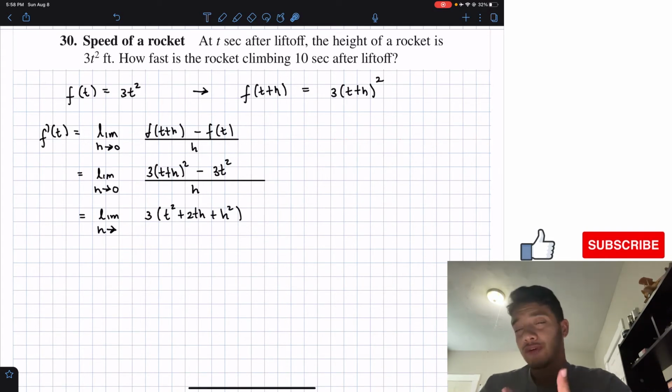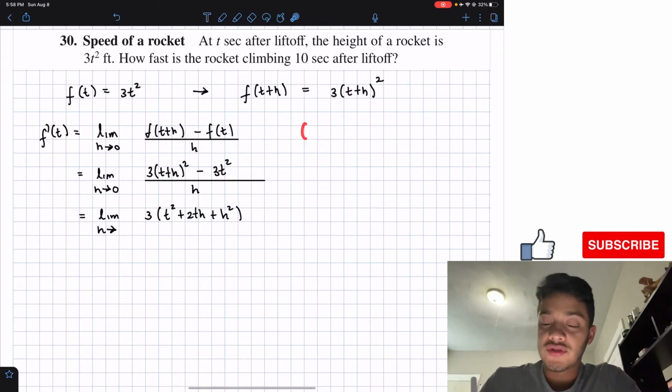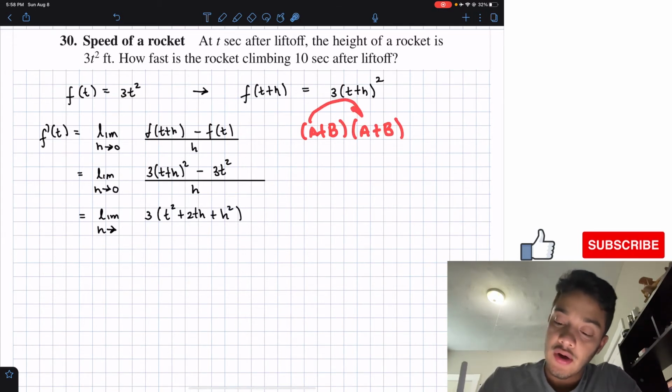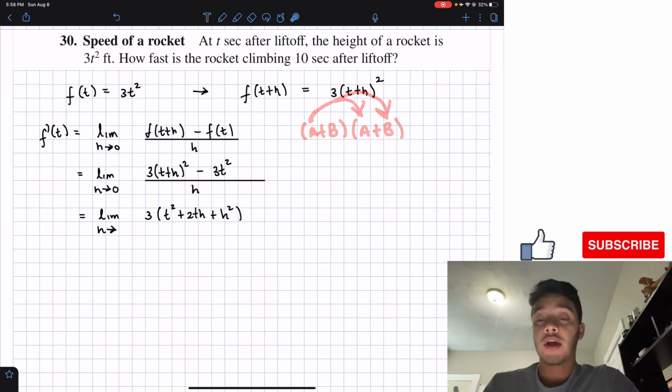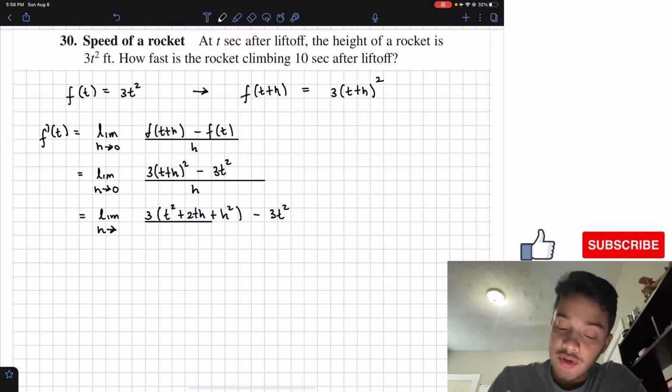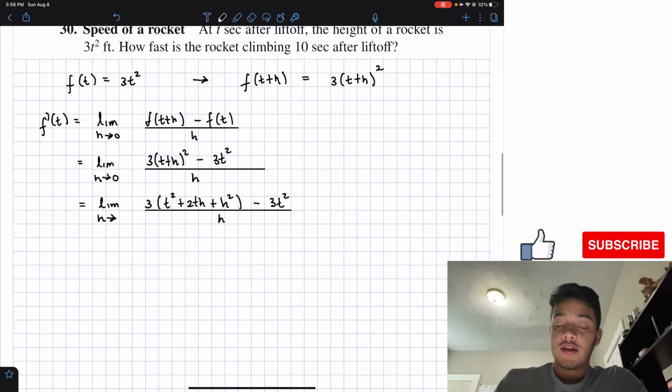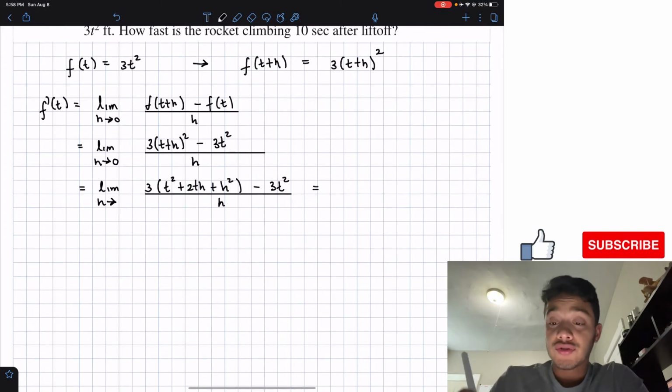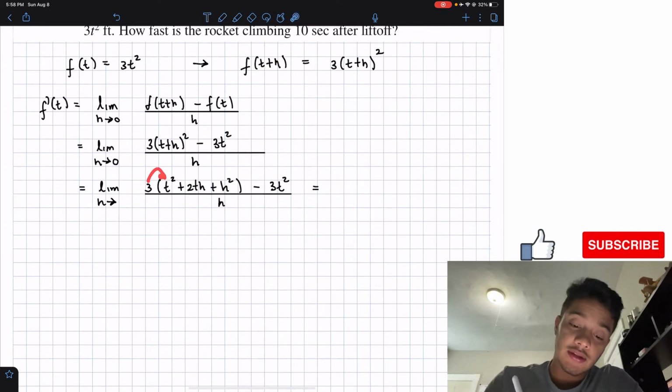If you are not comfortable using this, you can just use a plus b multiplied by a plus b and FOIL out each one, okay? Now that we know this, we're going to do minus 3t squared and divide it by h.